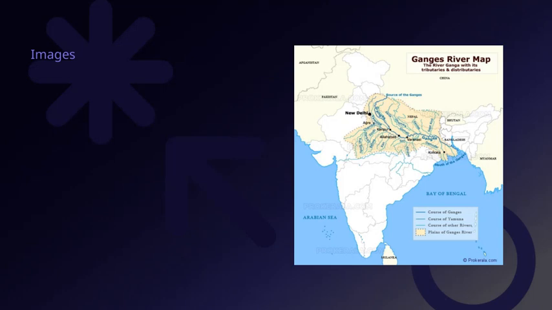Now, moving on to this slide, which features images that help illustrate our key points. As you can see, these visuals are not just decorative, they serve to reinforce the concepts we've discussed. For example, the first image highlights the importance of visual communication in engaging audiences effectively. The second image demonstrates how data visualization can make complex information more accessible and understandable.